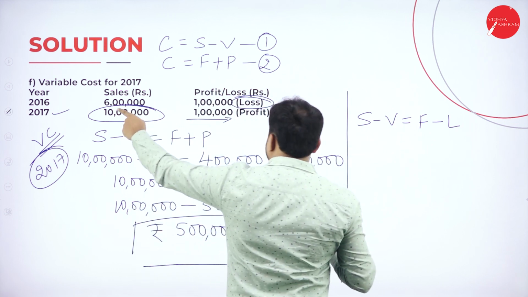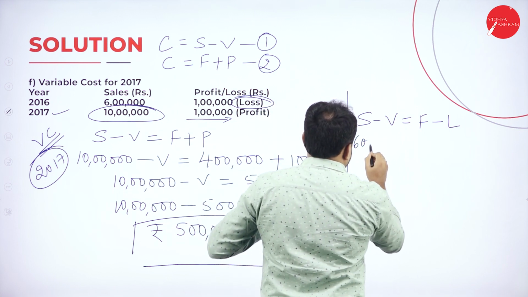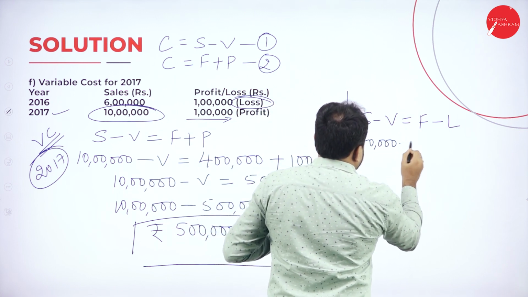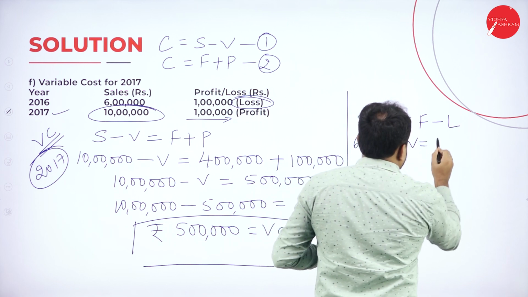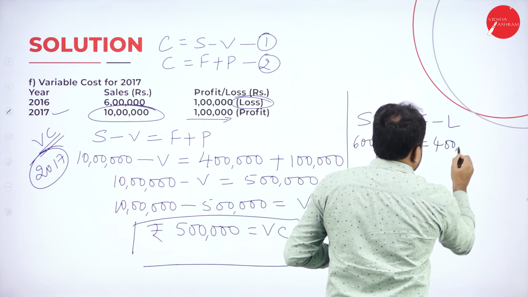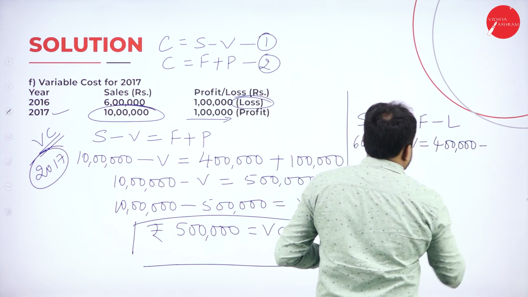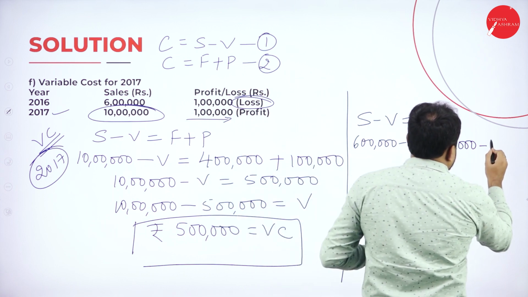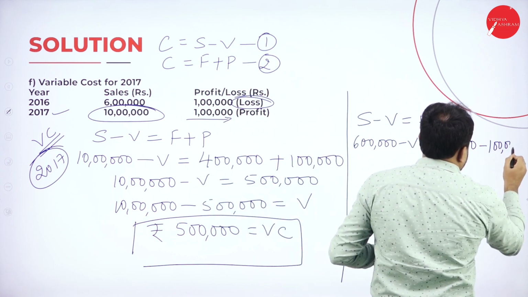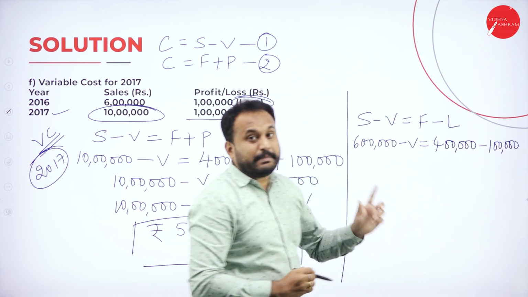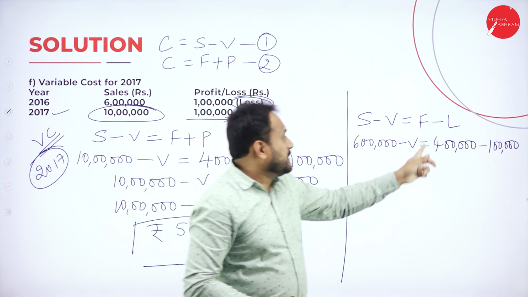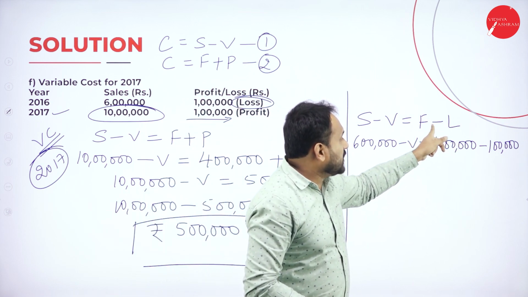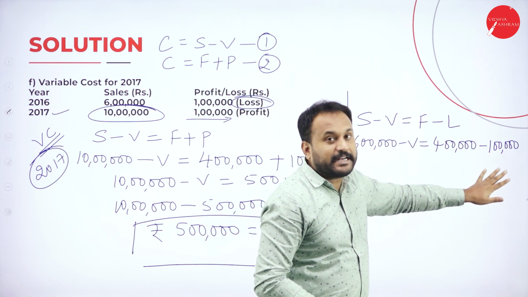Sales of 2016 is how much? 6 lakh minus V, we don't know, is equal to fixed cost, the same 4 lakh, minus loss, which is 1 lakh. You're not supposed to put minus of minus, because minus loss means this is the loss they're asking us. So that's why it is only minus loss.